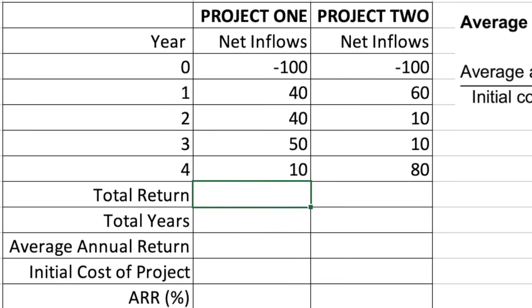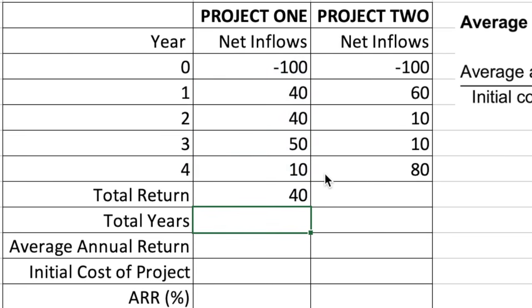So the first thing you need to calculate is the total return. So we need to always make sure that we have done a year 0 and that year 0 has that cost of the investment, and that is a minus number because you have to pay for the investment. So I'm just going to add all these numbers in this area up.